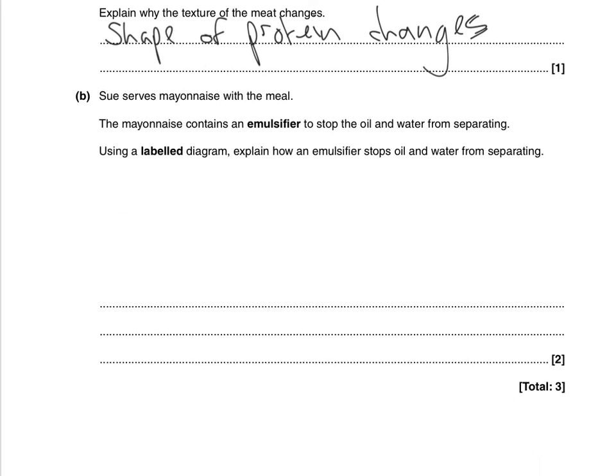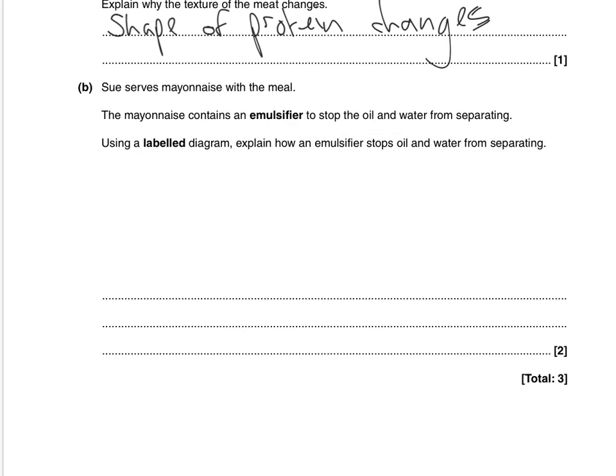So Sue serves mayonnaise in the meal. The mayonnaise contains an emulsifier to stop the oil and water from separating. Using a labeled diagram, explain how an emulsifier stops oil and water from separating. Essentially, what you need for this diagram, okay, is something that looks a little bit like that, okay? You know my drawing's not fantastic, but we can live with that.